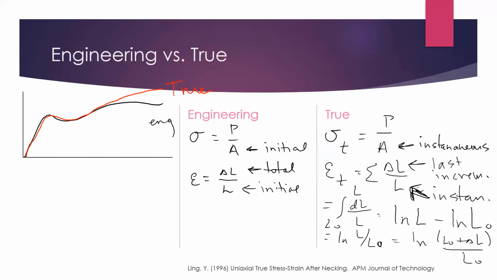That fraction, initial length plus change in length divided by initial length, can be simplified as 1 plus the strain, because L naught over L naught is 1, and delta L over L naught is strain. So this becomes ln of 1 plus the engineering strain.